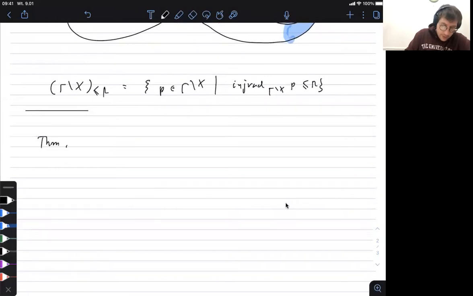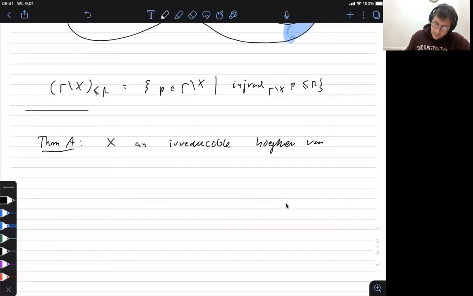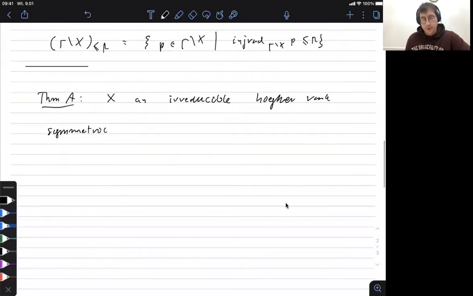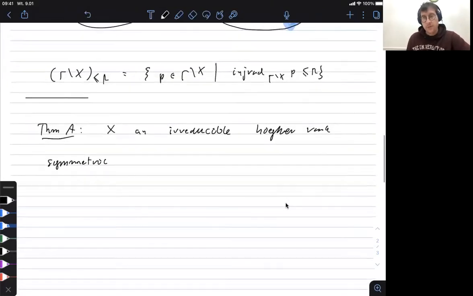Let's call it Theorem A. The theorem says that if X is an irreducible higher rank symmetric space, then every locally symmetric space which has uniformly bounded injectivity radius must in fact have finite volume.